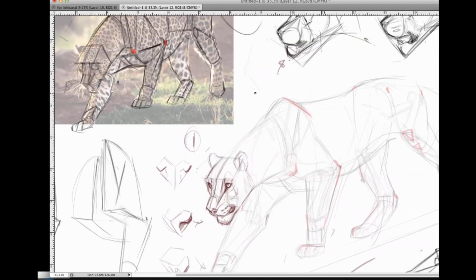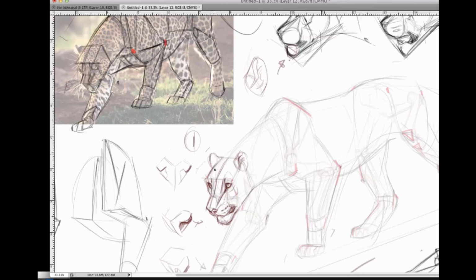Ears, I block it out. It's almost like a rose petal. I draw out the base, and then I flip them open. Once I get that, then I can really draw in the mass, like the actual skin mass of the ear, and I can start adding fur underneath afterwards.